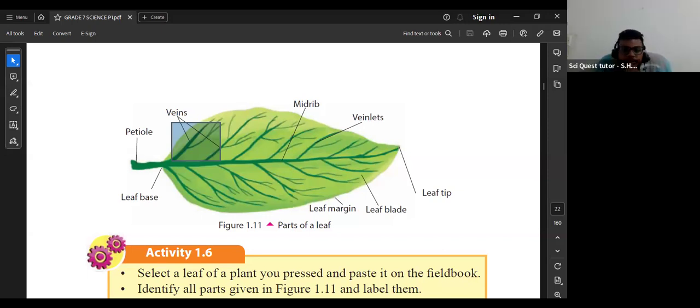Absorbs sunlight, does photosynthesis. Right, that's perfect. So everyone has answered very well. Actually, in this case I'm not going to determine the winner. Everyone is a winner this time.